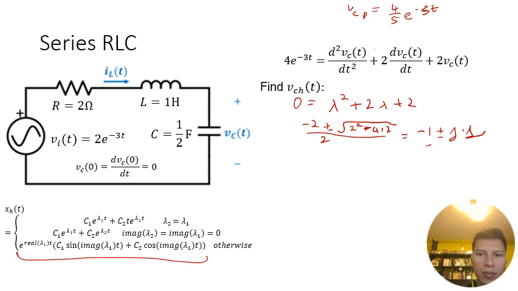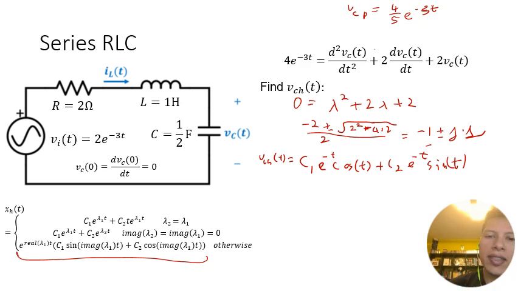Our homogeneous solution will be of the form VCH(t) equals C1 e^(-t) cosine t plus C2 e^(-t) sine t. We need to take the derivative of these terms, so I'm going to do it quickly: d/dt VCH(t). Taking the derivative of e^(-t) gives us a sine term and a cosine term.